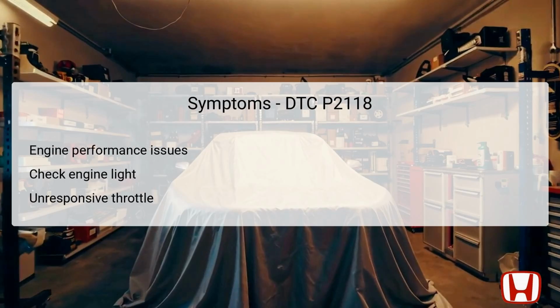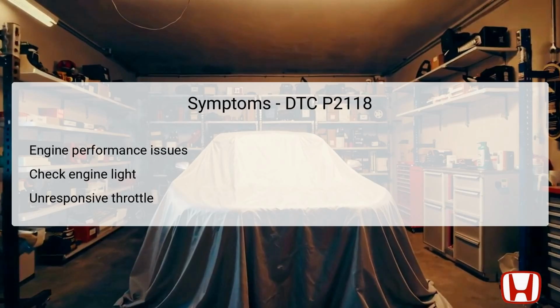The symptoms associated with DTC P2118 can significantly affect vehicle operation. One primary symptom is a noticeable drop in engine performance, which may include sluggish acceleration or erratic power delivery, as the throttle actuator struggles to perform as required. Often, this is accompanied by the illumination of the check engine light on the dashboard, indicating a malfunction that needs attention.